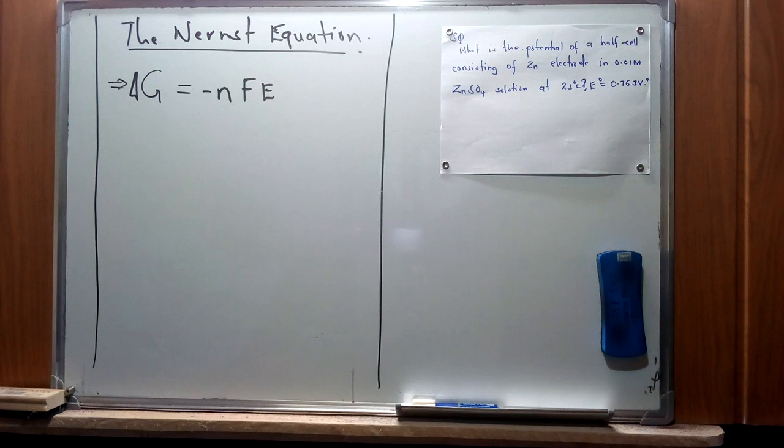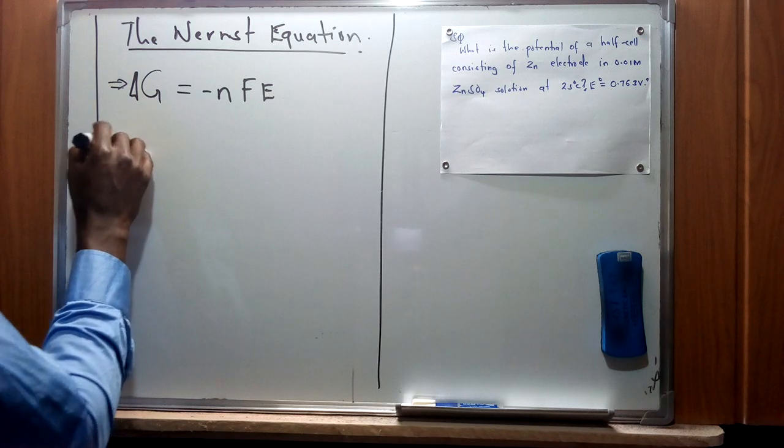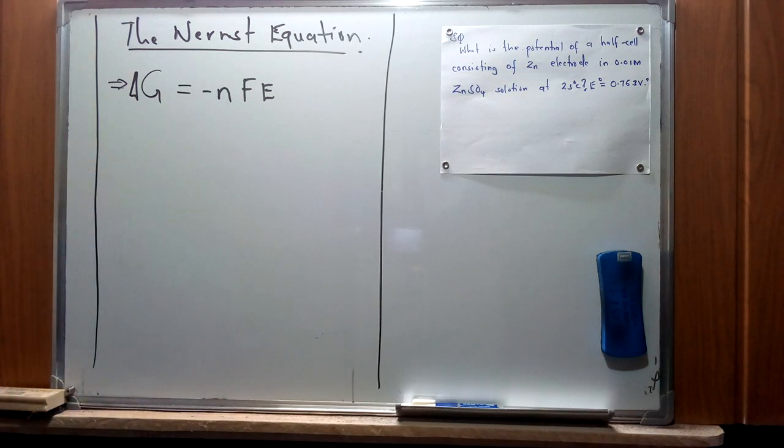Of course, we're going to see how this equation changes into another representation that we refer to as Nernst's equation. But we can remind ourselves of a few concepts that we have already learned from our previous discussions.